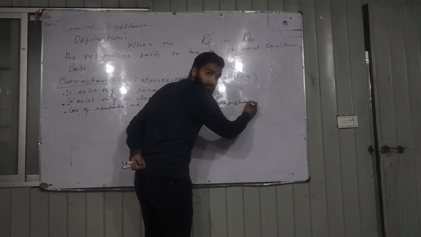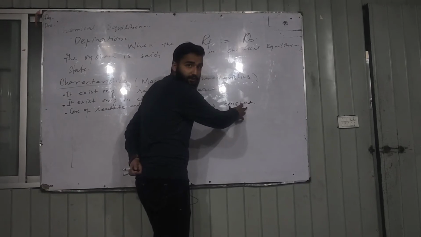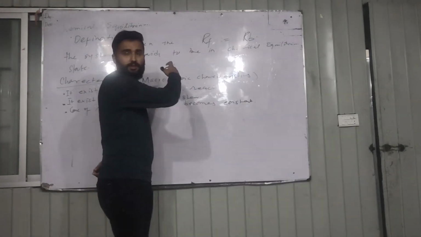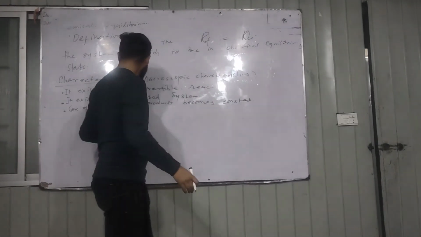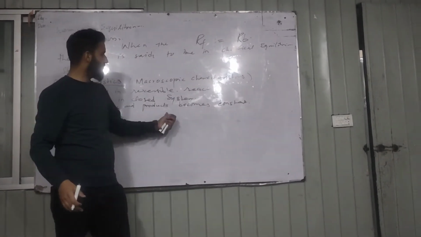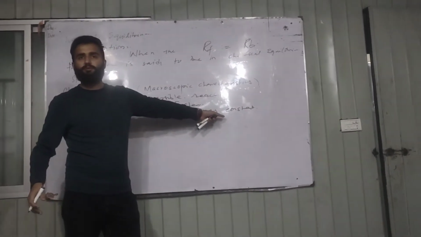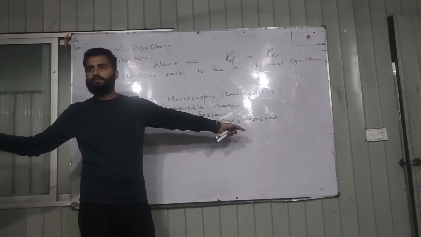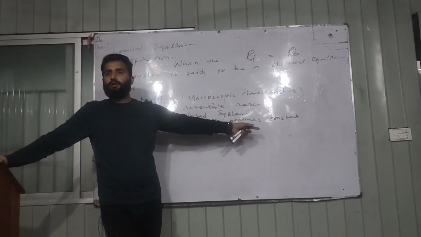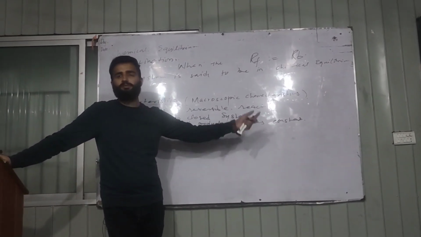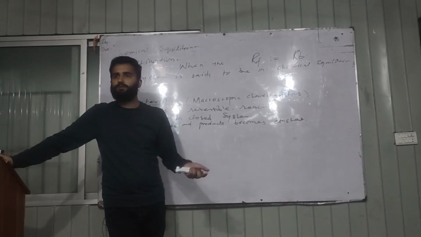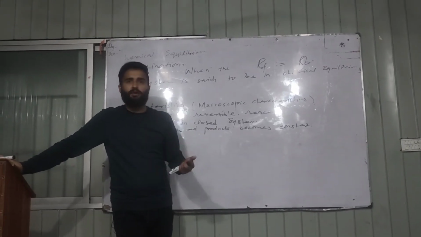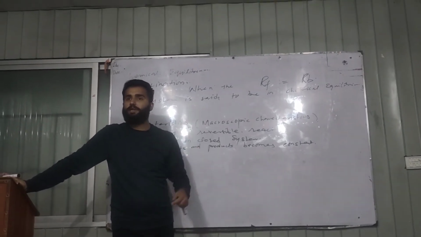Constant. I give some illustration regarding this: the concentration of reactants and products becomes constant, not equal. Sometimes in equilibrium state reactants are greater than products, sometimes both are equal, and sometimes products are much greater than the reactants.